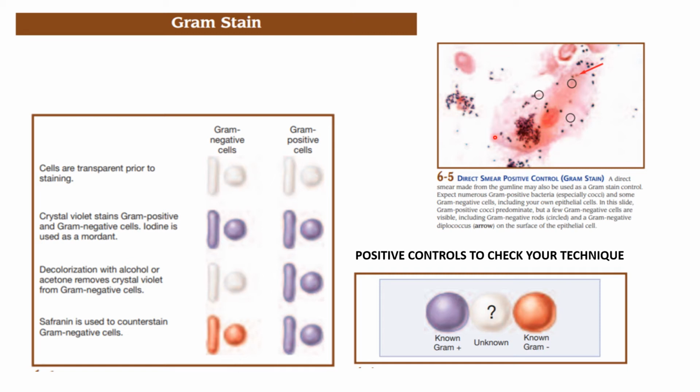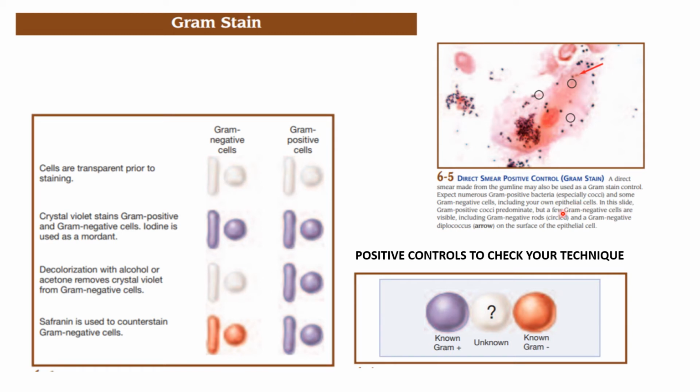So what is a positive control? Usually when you do gram staining, it's better to put a positive control to check your technique. You will put already known gram positive bacteria, and also already known gram-negative bacteria, and of course your unknown isolate.